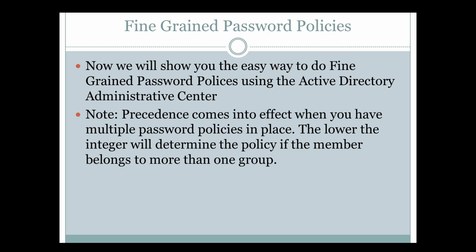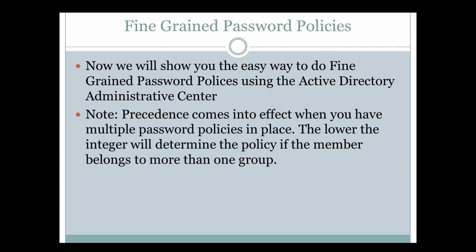Precedence comes into effect when you have multiple password policies in place. Basically, the lower integer will determine the policy if the member belongs to more than one group. So let's say you have multiple password policies, for example, let's call one marketing and one information technology. Let's say a person belongs to both of those groups for whatever reason.